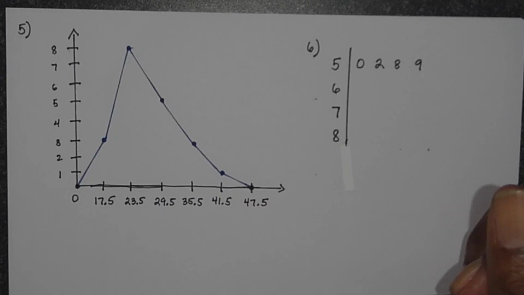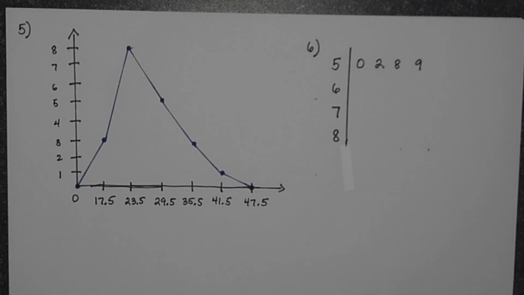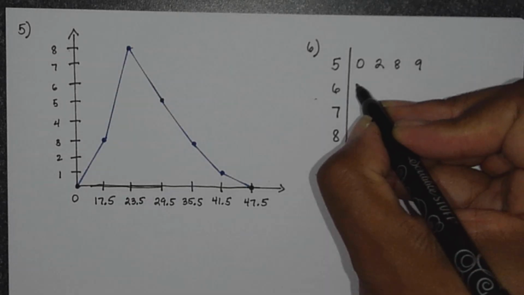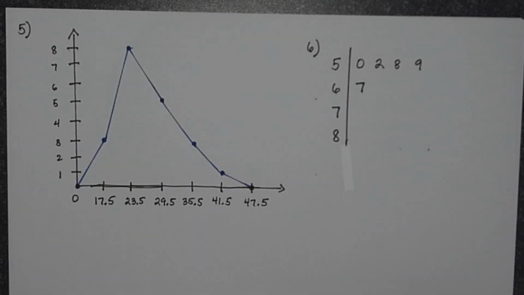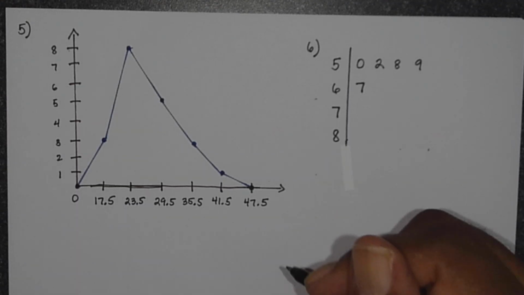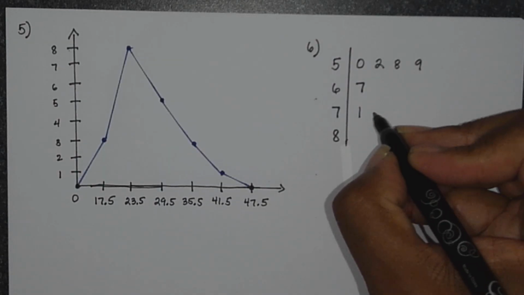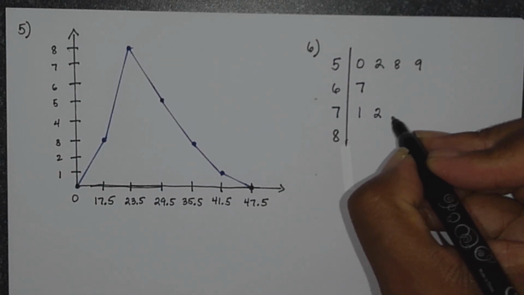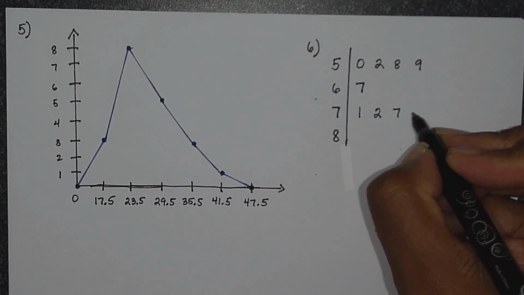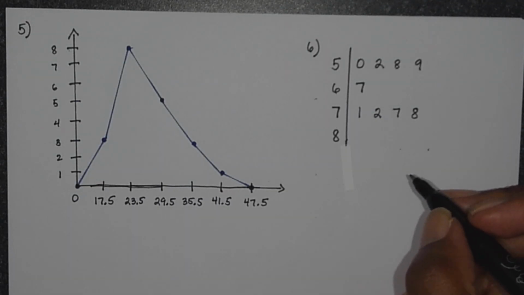And then for the 60s, it's just 67. So we put a 7 here to represent 67. And then for the 70s, start with 71, 72, 77, and 78.